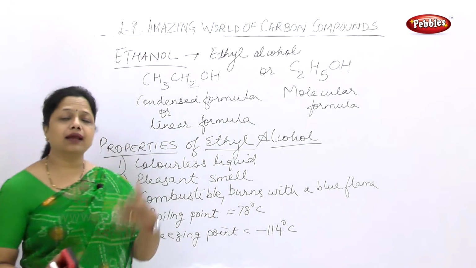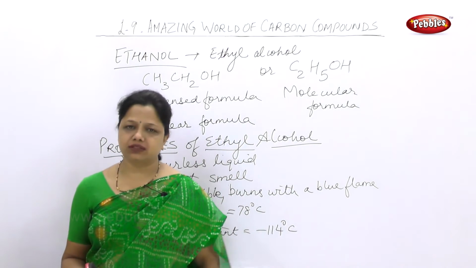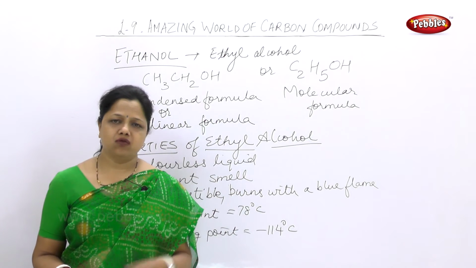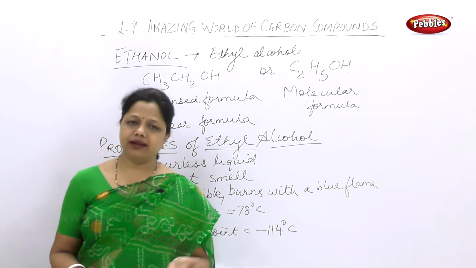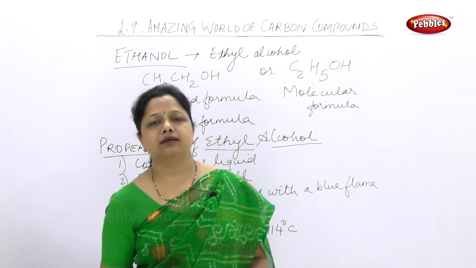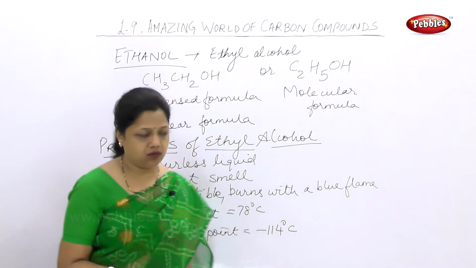Now how does ethyl alcohol show chemical reactions with certain things? We are going to see 2 chemical reactions. First we are going to see how it reacts with sodium metal, and second we are going to see how it reacts with phosphorus trichloride.